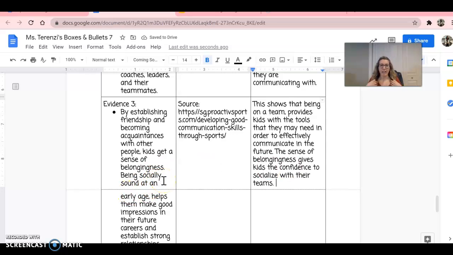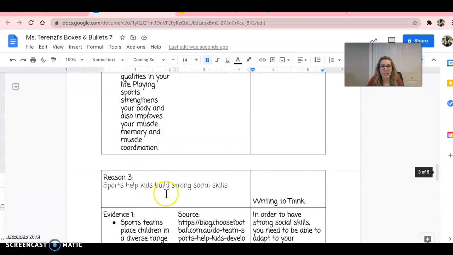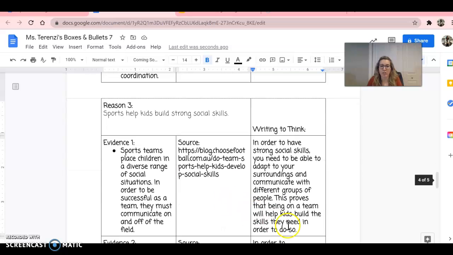If you are on a team, or you're in a class, or you're in some sort of group, if you feel like you don't belong, are you necessarily going to socialize and have that confidence? Not really. I know I wouldn't. But if I'm on a team and I feel comfortable with my teammates and I feel like I belong in that team, I will be more likely to feel confident in myself and my ability to socialize with other people. So that is how being on a team helps kids build strong social skills.